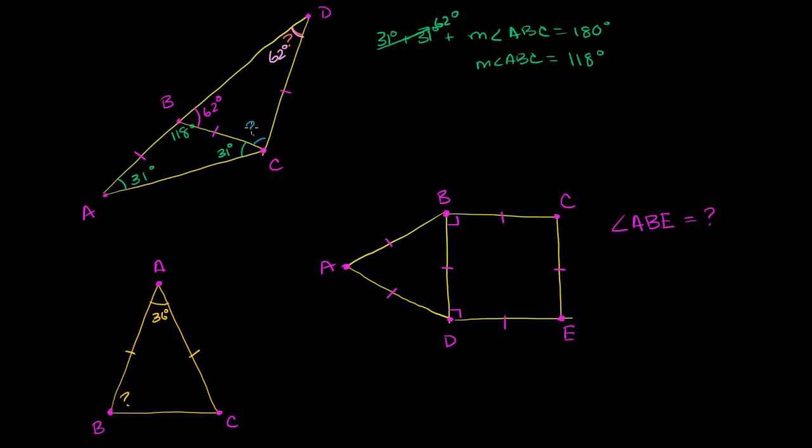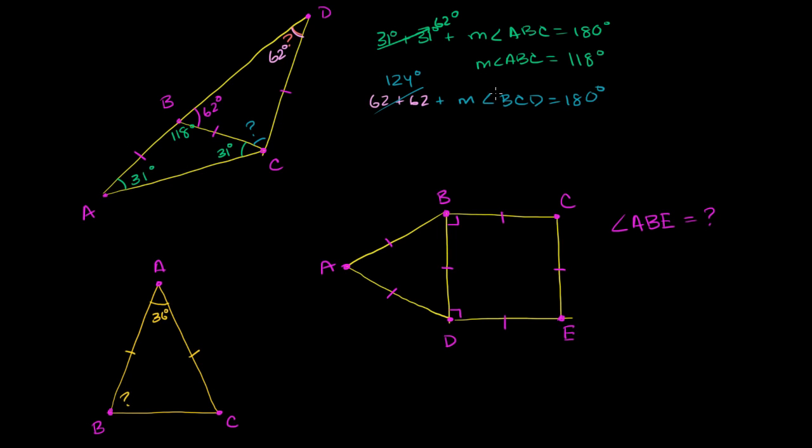And then finally, if you want to figure out this blue angle, the blue angle plus these two 62-degree angles are going to have to add up to 180 degrees. So you get 62 plus 62 plus the measure of angle BCD is going to have to be equal to 180 degrees. 62 plus 62 is 124.